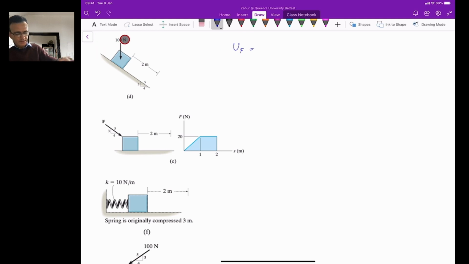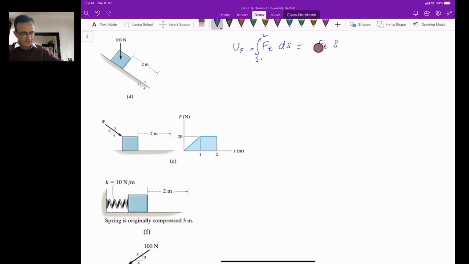So either you calculate displacement in the direction of the force, or you calculate a force in the direction of the displacement. So in this case, you can say that it is the integral of Ft ds from S1 to S2, which is obviously Ft into S in this case.